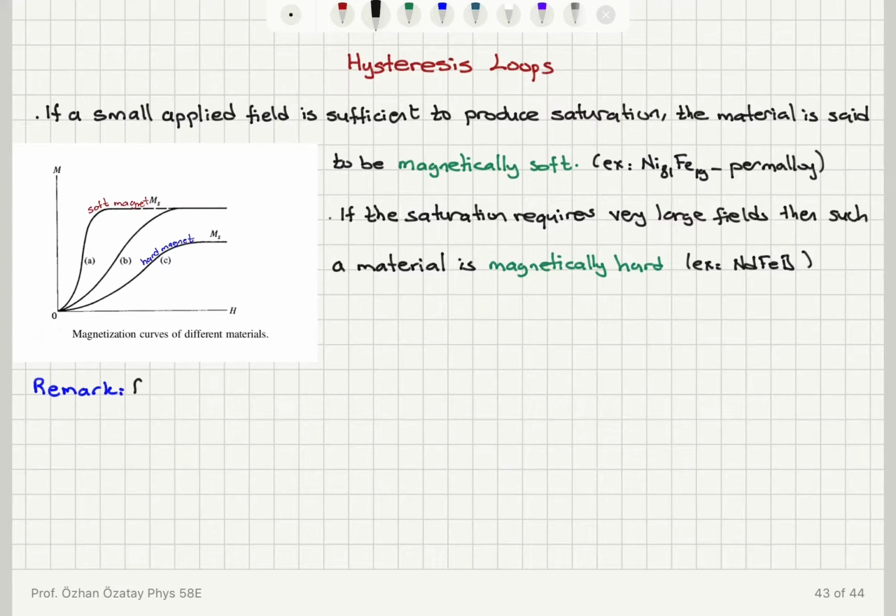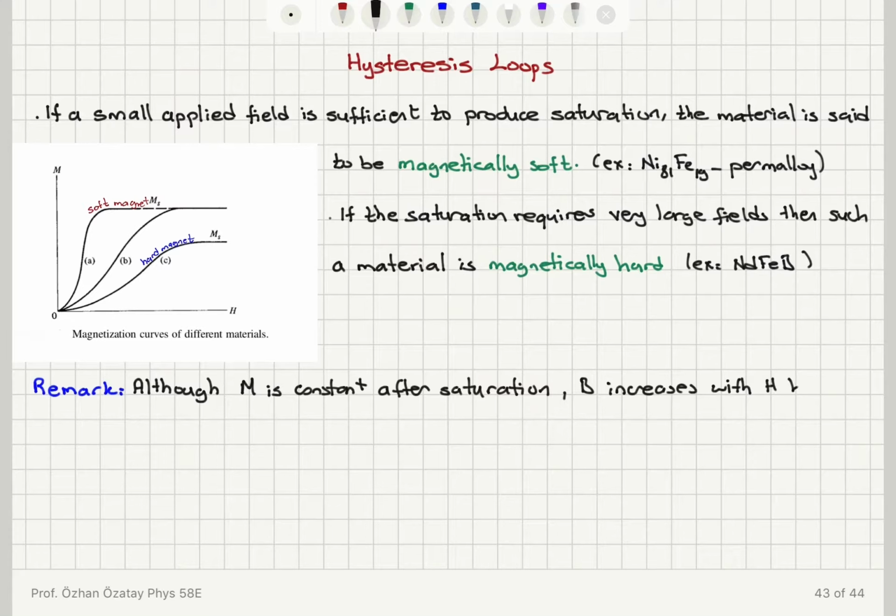So let's note that here: although we see that the magnetization M is constant after saturation, if we look at magnetic induction, B will increase with H beyond saturation.